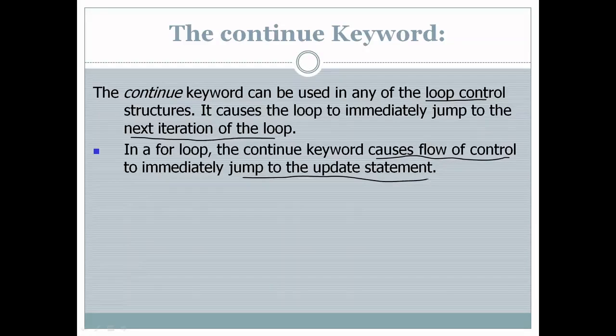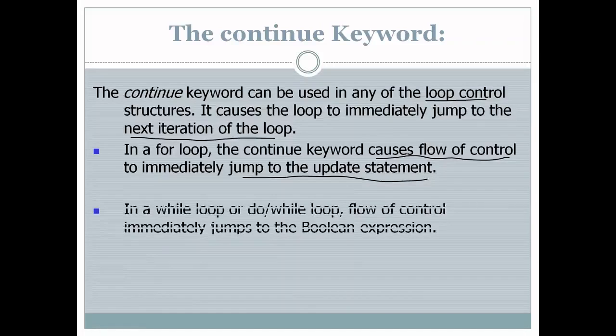That increment and decrement section is also called the update statement section. So when you execute the continue statement, it will directly go to the increment or decrement section of the for loop. It skips the iteration at that point and continues with the update section. In a while loop or do while loop, flow of control immediately jumps to the Boolean expression.